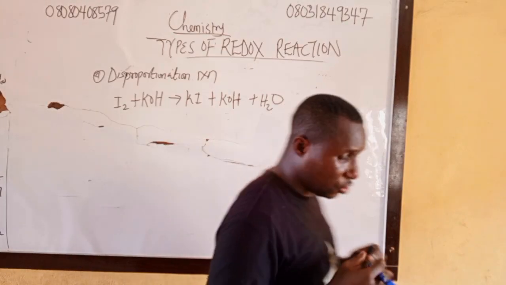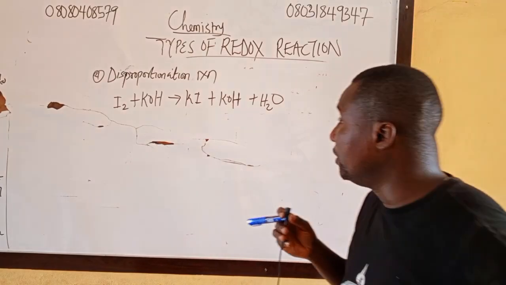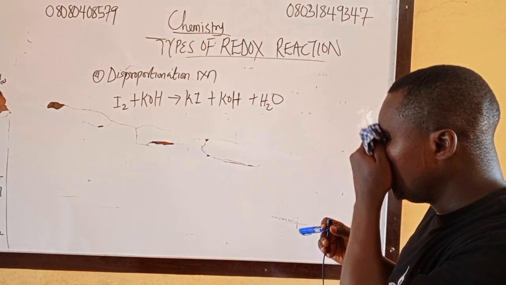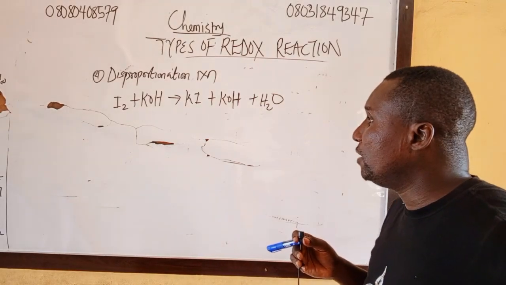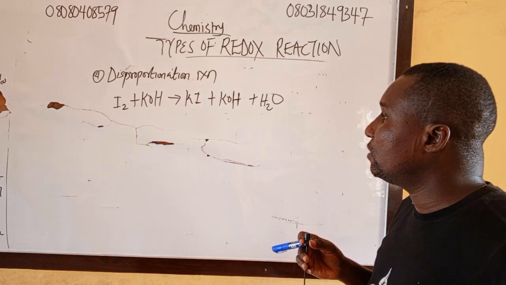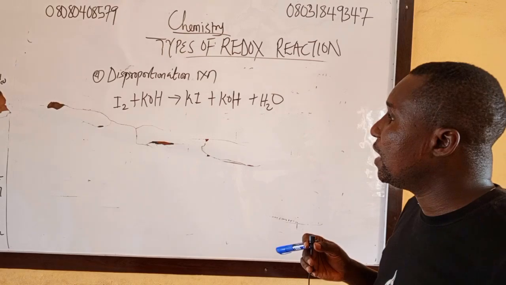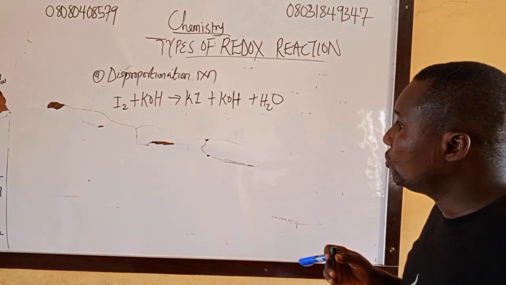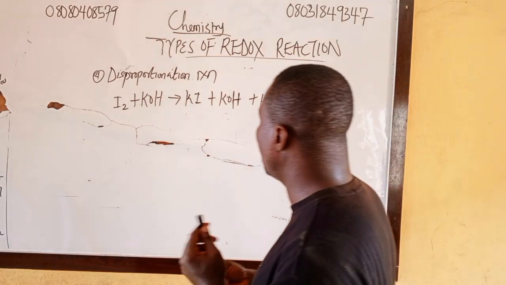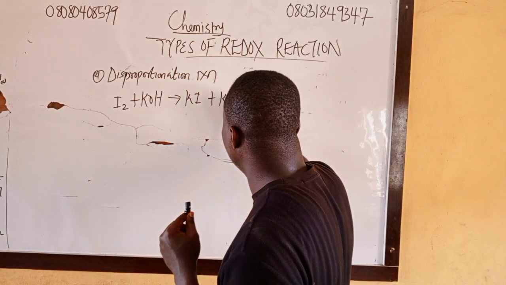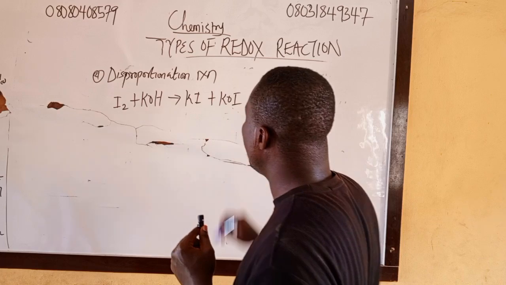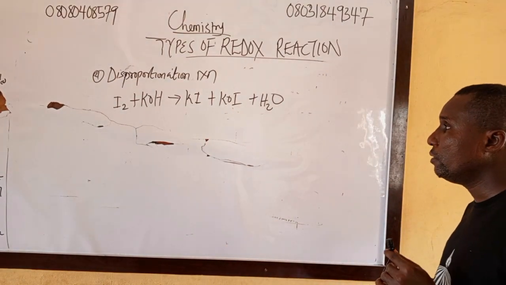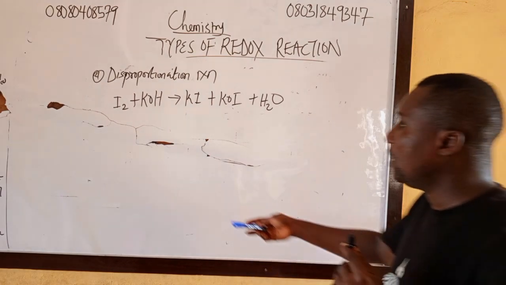Let's look at this. I2 plus KOH to give you KI, plus KOI. Disproportionation reaction. The equation is balanced.